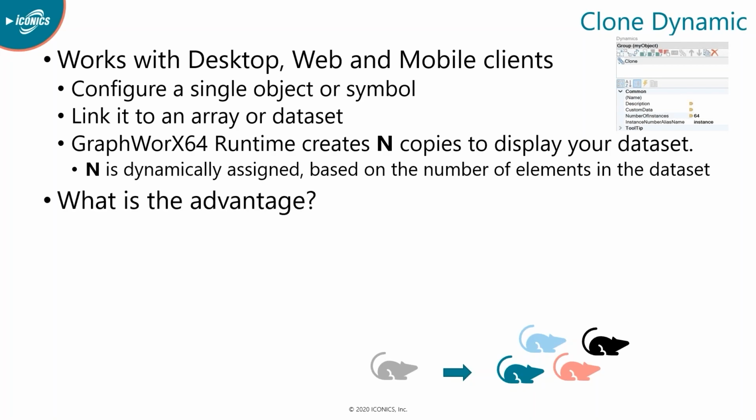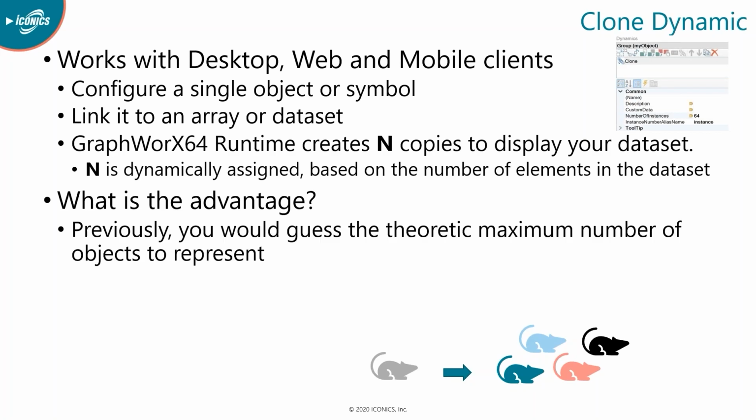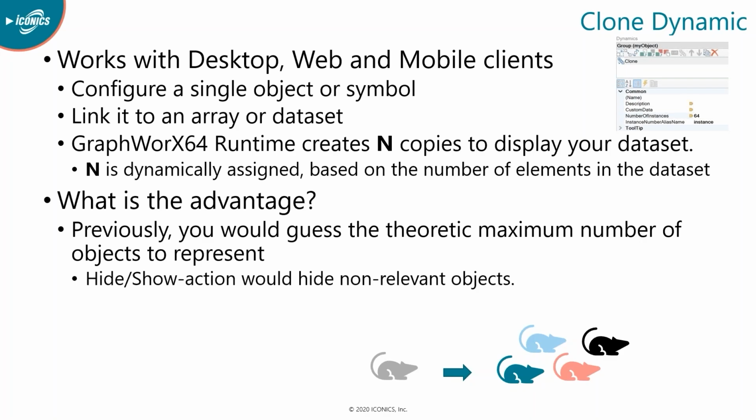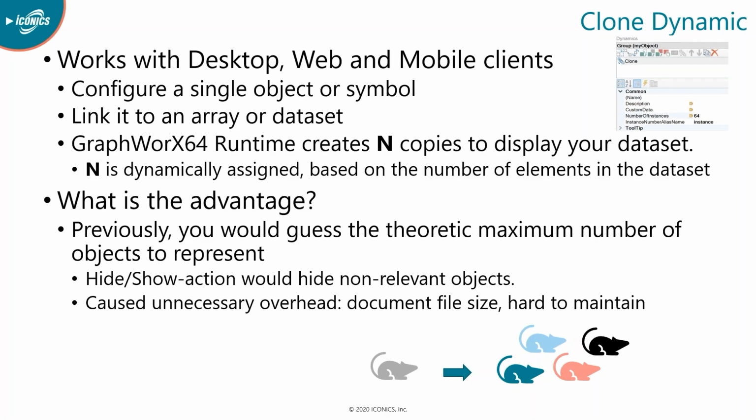So what's the advantage? Before, you would have to guess the theoretical maximum number of objects that you would draw in your graphic. Then you would use some hide/show action to hide the non-relevant objects during runtime, which is all fine. But your document size on the hard disk is probably 100 times bigger than necessary.